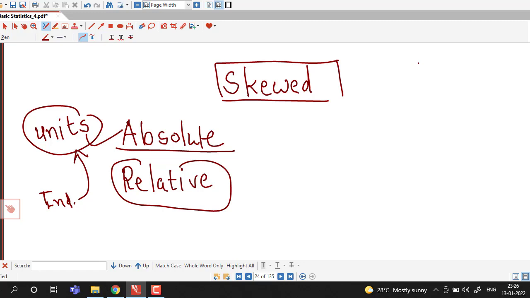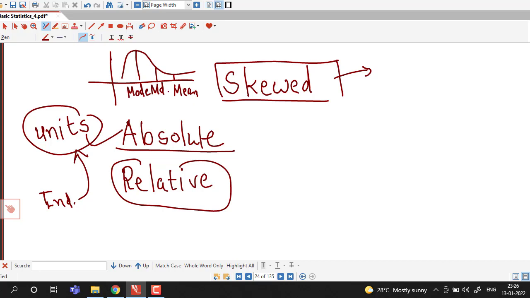As we have discussed, if we have a skewed distribution and it is positively skewed, that is, the distribution has a longer tail on the right hand side, then it is a positively skewed distribution. For a positively skewed distribution, we have discussed that mean is always greater than median and median is always greater than mode.